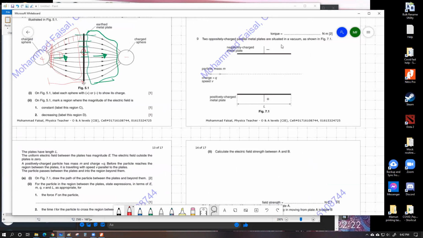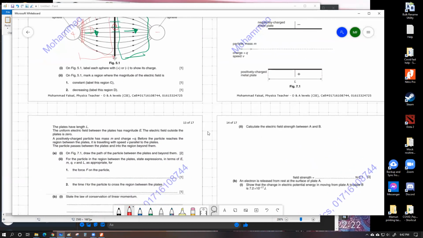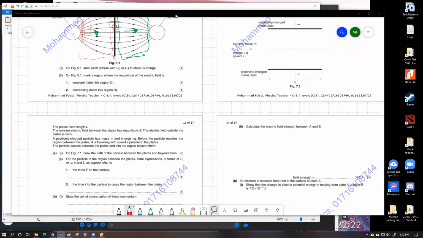Have a look. Two oppositely charged metal plates are illustrated in vacuum as shown in figure 7.1. So we have charge plus Q, speed v, a positive charge plate and a negative charge metal plate. The plates have length L. All right.